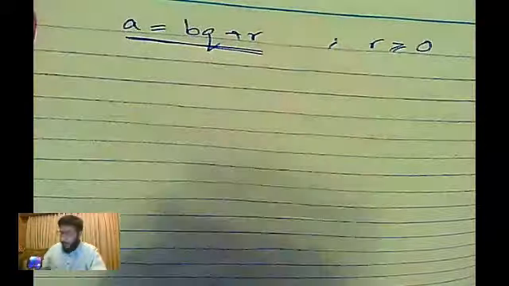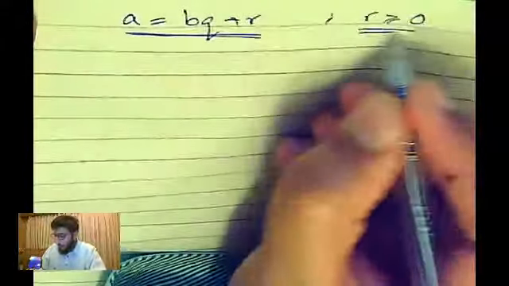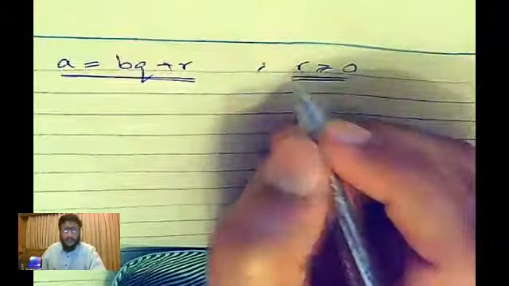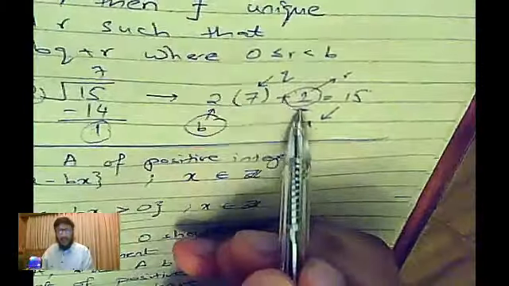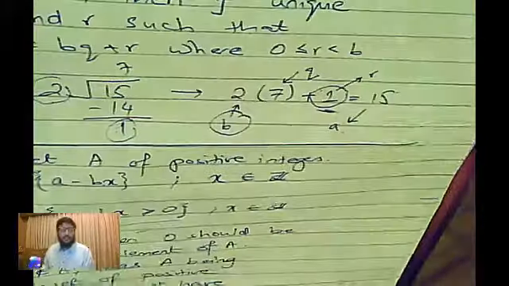But there was also another thing. R should be a positive number, and R should also be lesser than B, which we have said over here. R should always be lesser than B, right? And we are now going to prove this part of the theorem.